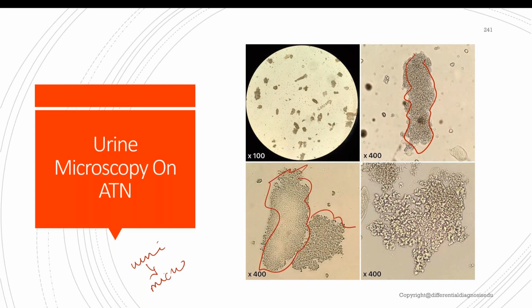The more casts present under the microscope, the more severe the ATN is, and if the kidney is completely shut down, that's an indication to consult nephrology for possible dialysis. But if the patient is in the non-oliguric phase, still making some urine, then you can wait and see where things go.